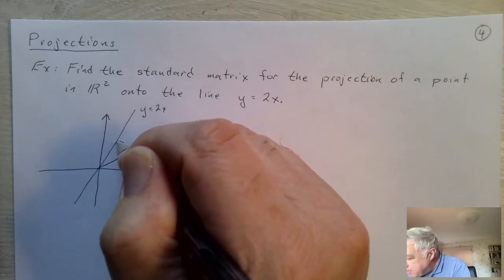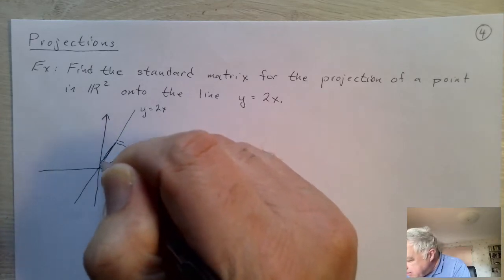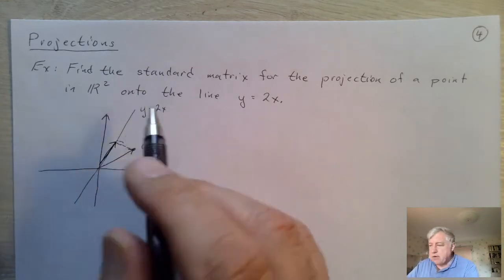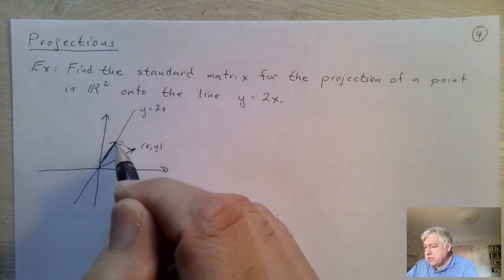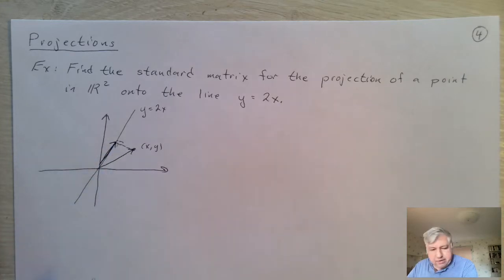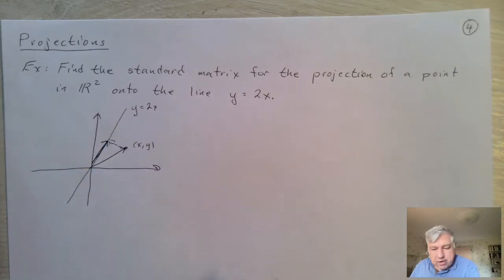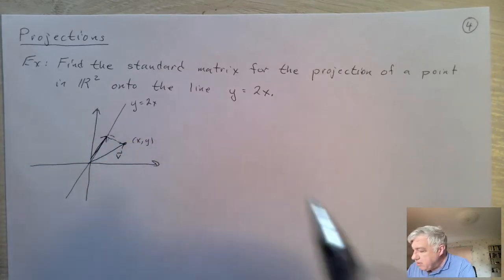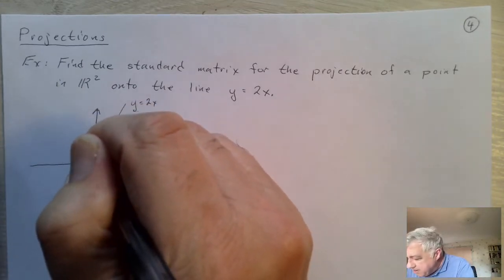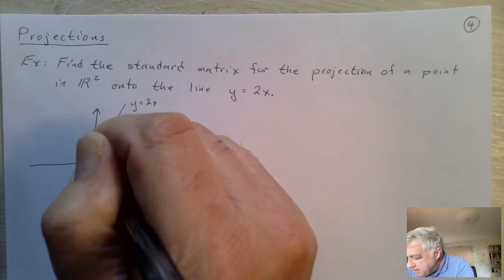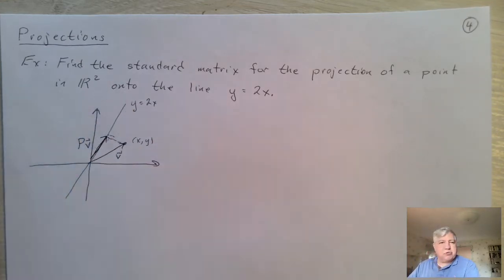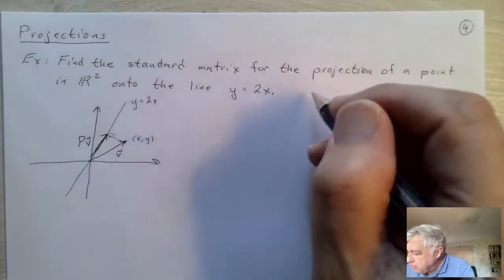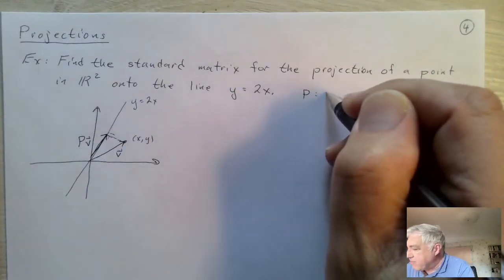So basically we want to find this vector right here, where this angle is 90 degrees. If this is v, we'll call this vector Pv, or P of v, and that's the projection.